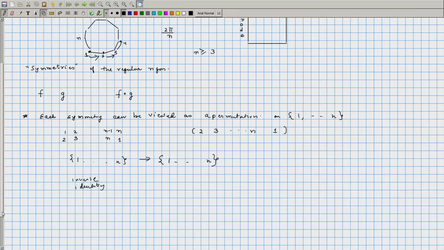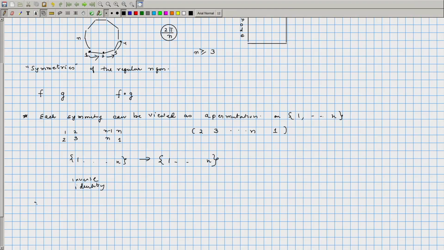So, let us look at any polygon and we look at this special object wherein we are rotating by 2 pi by n. Okay. Let us call that R. Okay. So, R is the symmetry or the operation which rotates by 2 pi by n. Okay.